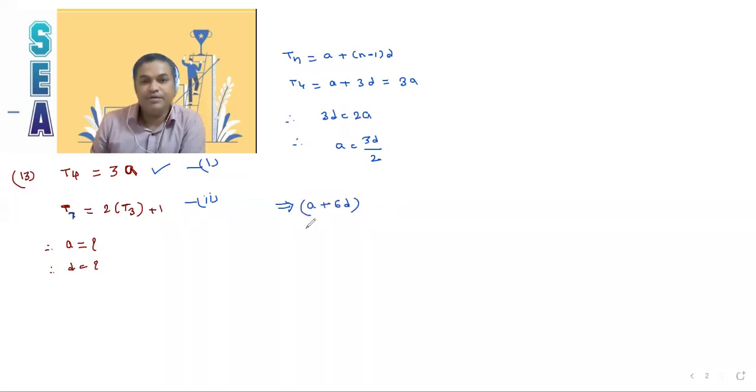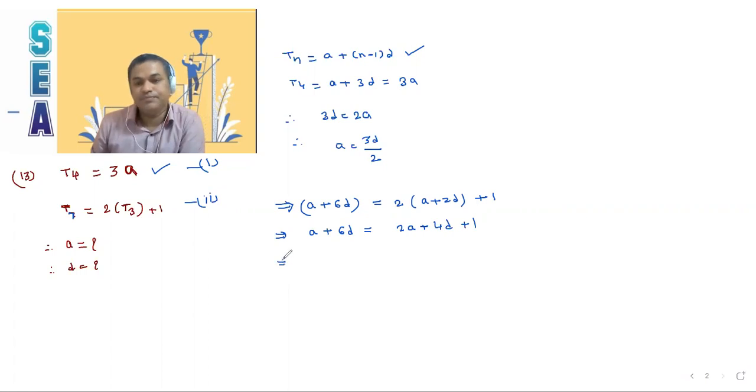I will write the general formula; I have already written it here. We can take a reference of it. So a plus 6d is equal to 2 times of a plus 2d plus 1. Now see what this will be: a plus 6d is equal to 2a plus 4d plus 1.